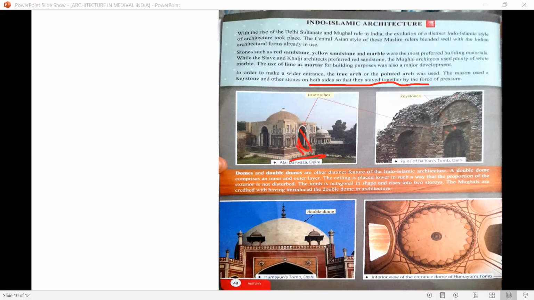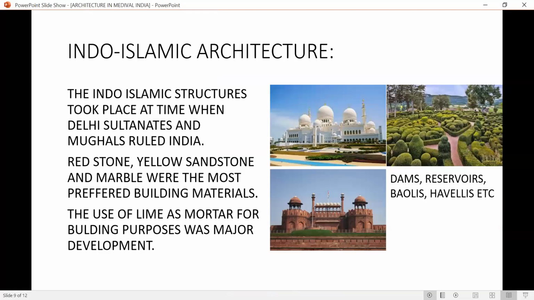Okay, and now we are going to study a different topic. Just a second, everyone. I'm going back to the previous slide. Right now, we can see the dams, reservoirs, baolis, havelis, etc. in our picture also. In my picture over here, I can see a mosque.